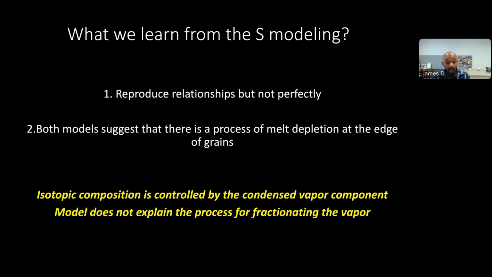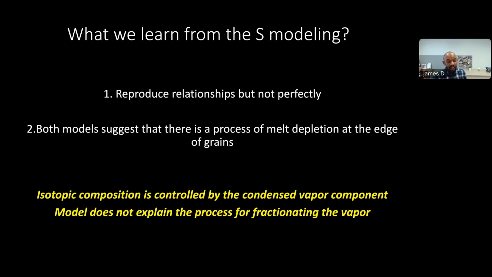So ultimately, from the modeling, in terms of trying to understand the relationship between sulfur concentration, grain size, and isotopic composition, we can reproduce the relationship seen, but it's not perfect. We also find that potentially these two different soils underwent different histories in terms of their processing. What's also an interesting finding is that this process of sulfur loss has to be occurring at the edge of the grains, and it's melt depletion at the edge of the grain where most of that loss is occurring from the original soil grain.